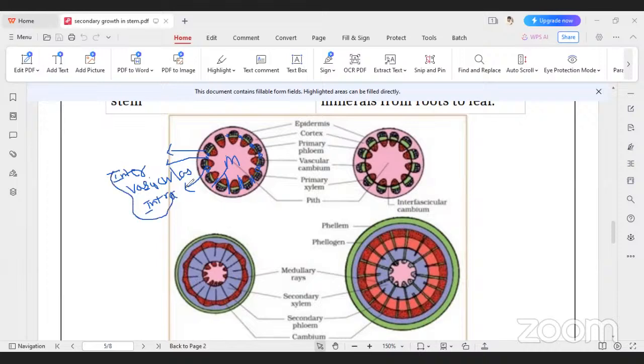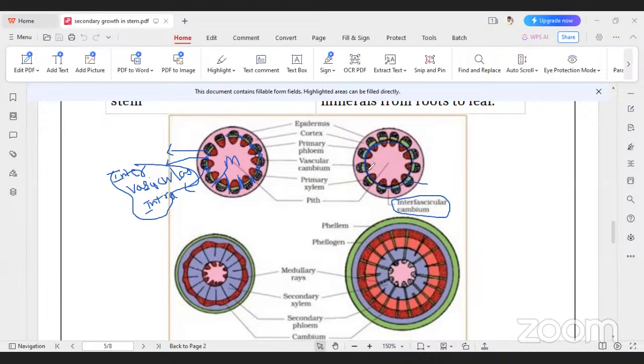Intra and inter, both together form a ring. You can see, this is interfascicular cambium. This is intrafascicular cambium. Now this entire ring is called the cambial ring.